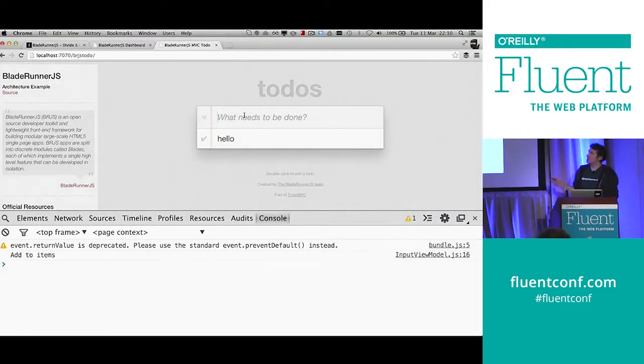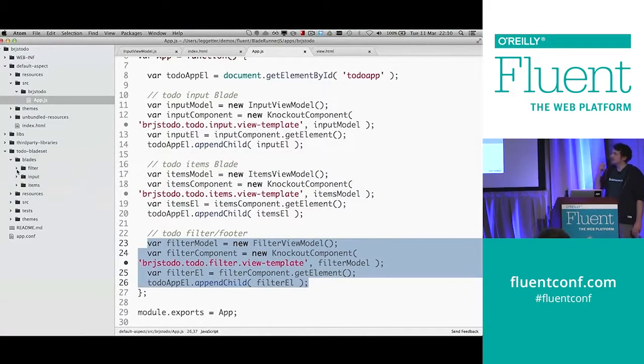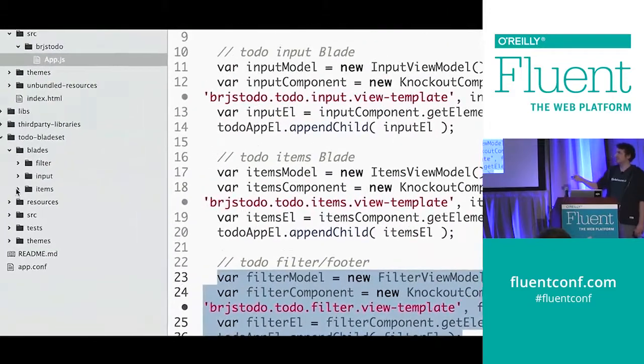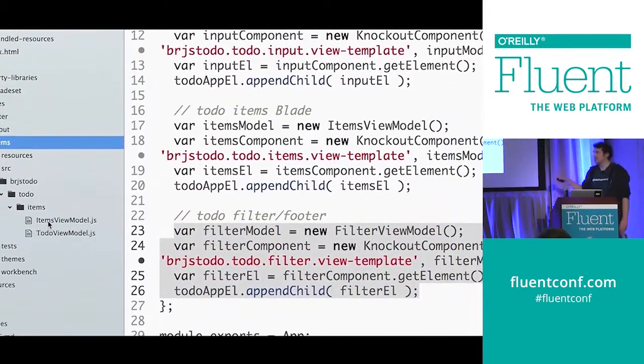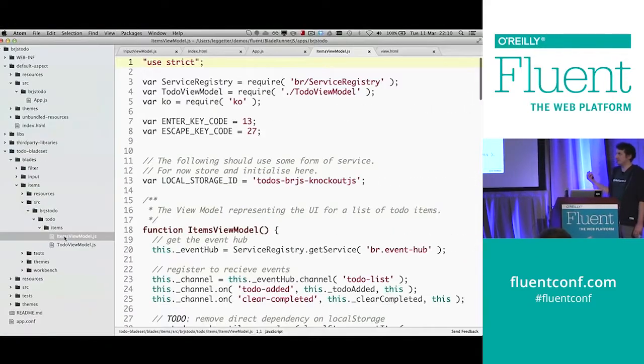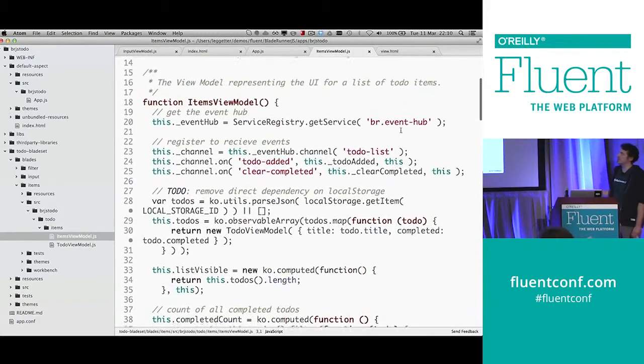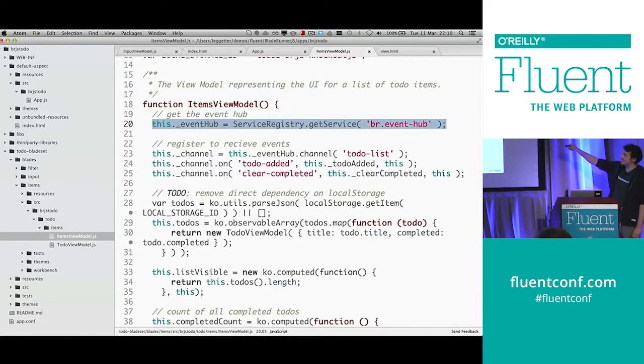So at this point, we've got our two blades, the input and the list. There's actually a bug where the filter one's not showing. So let's have a look at the items view model to see how it's communicating with the event hub. It's grabbing the service registry using require. This is a default thing that exists in BRJS apps, as is the event hub. We get it through this logical name, BR event hub.